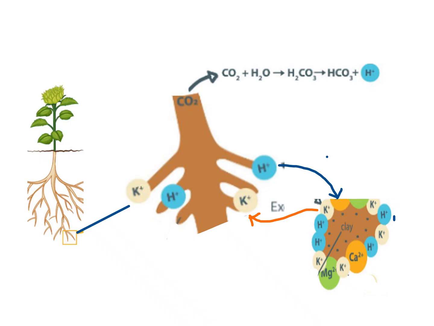Now, the plant needs other cations as well for its normal functioning. Therefore, it will try to exchange this acidic cation H plus with other base cations such as calcium, magnesium, potassium, and sodium adsorbed to the clay particle in the close vicinity of the root cell.